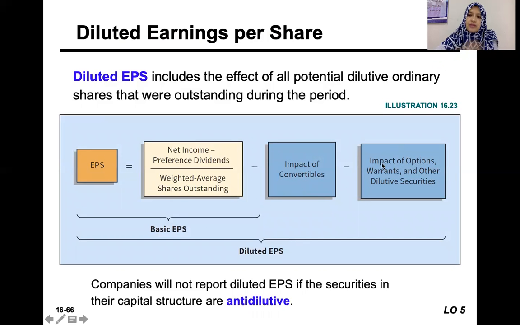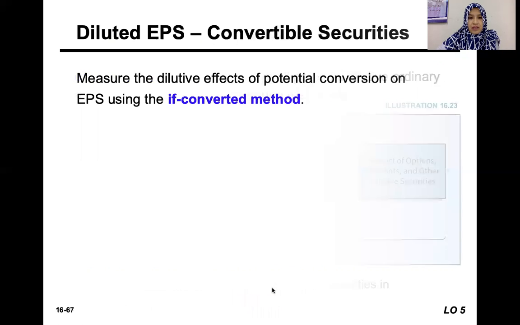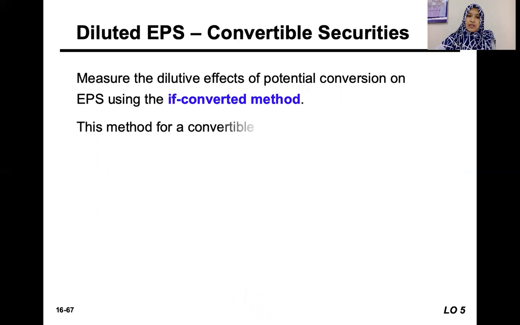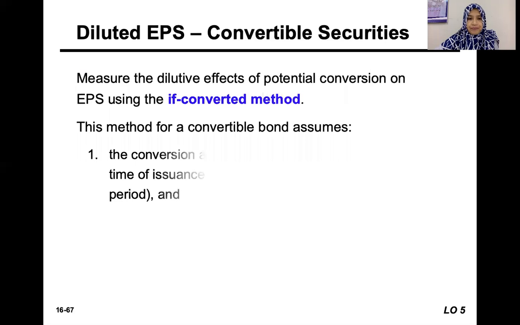We also need to consider the impact of options and warrants. Okay, so we calculate the dilutive effect of potential conversion on EPS using the if-converted method. That means we assume that if those securities are converted, then what is the amount of diluted EPS?